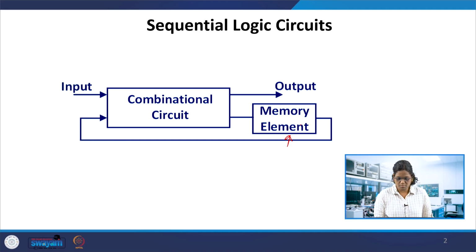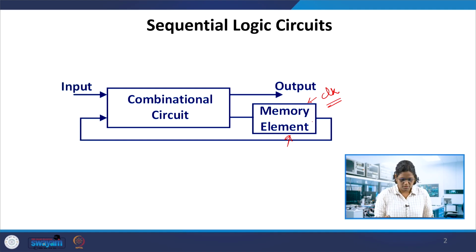These memory elements are operated with the clock. So this can be enabled with a clock to store or retrieve the information, the bits or the data, in the memory element. With respect to the clock, every decision is taken in this memory element.